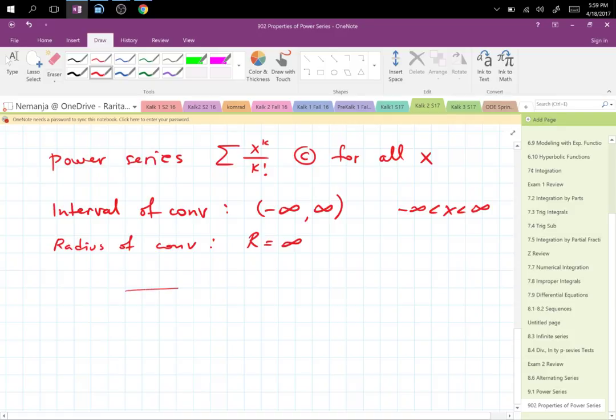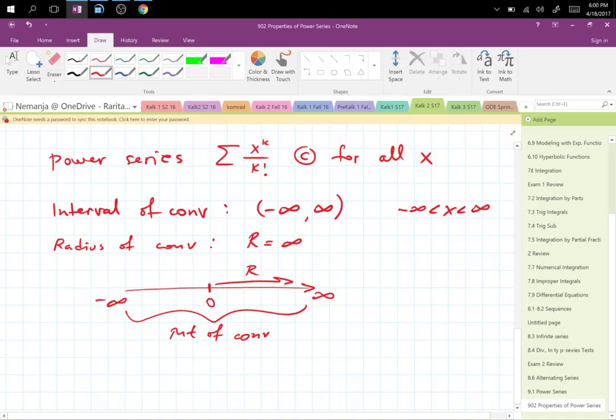So if you have on the number line, it's centered at 0, and you go to infinity on both ends, then the radius of convergence is just one side, and the interval of convergence is the whole thing. So this is your answer. In this case, the power series converged for any x you pick.